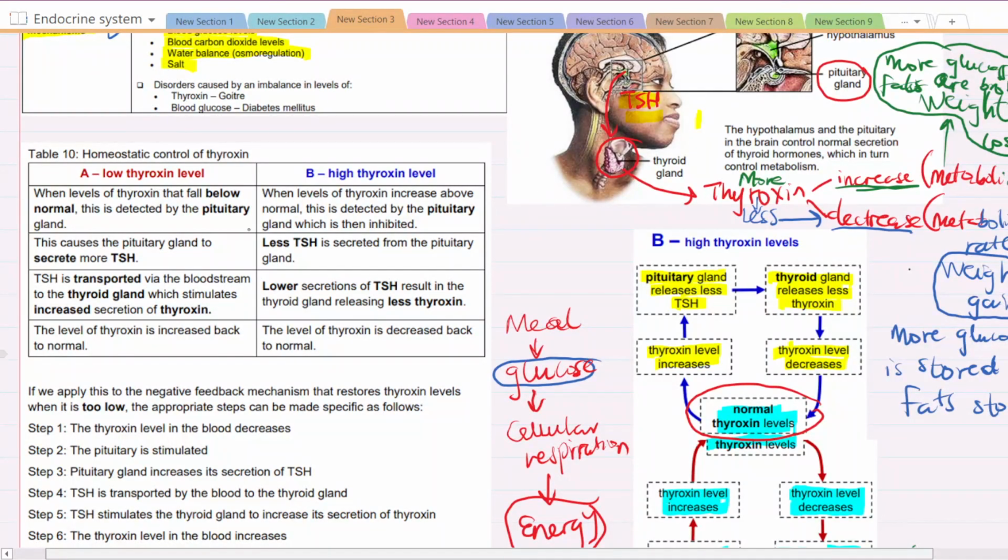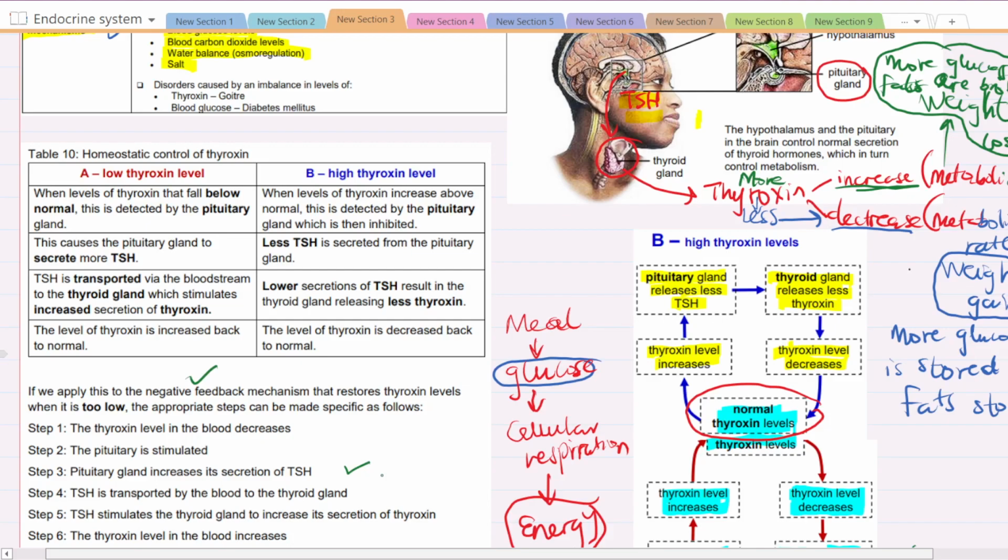I've already discussed everything that you see here, the negative feedback. Have a look at it in the DBE book and try to memorize these steps so that you'll be able to explain and also comment on the person's weight, because thyroxine also affects a person's weight.